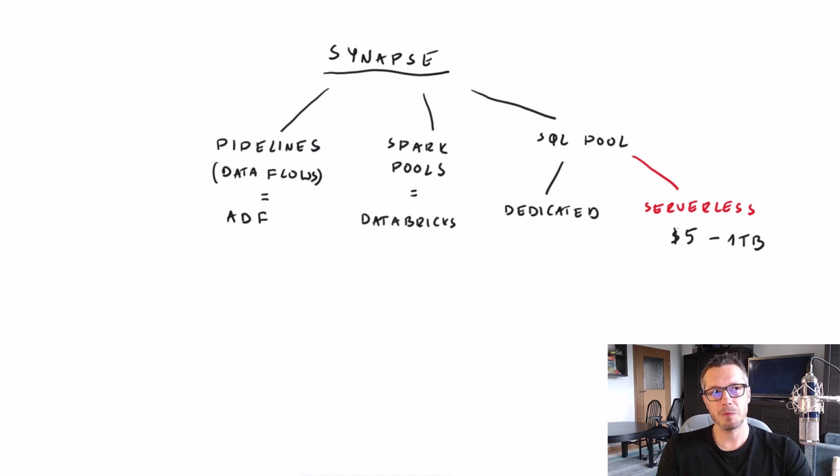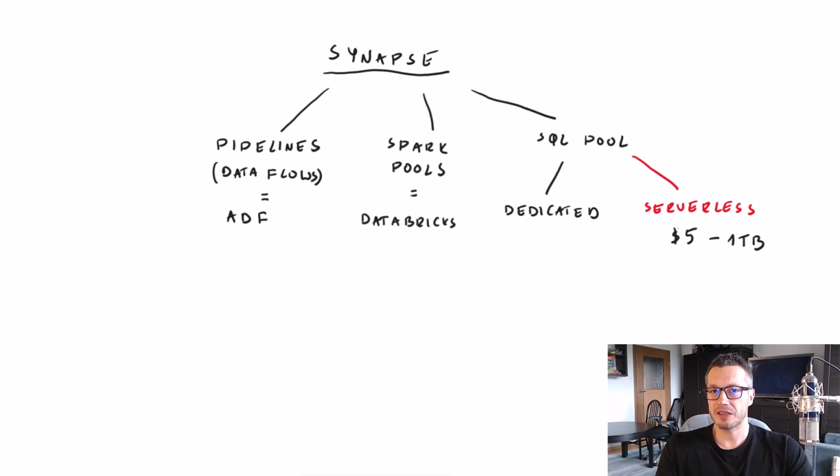But basically, I would position this service in the cheap area of services. At least it should be way cheaper than Dedicated. And obviously the architecture is completely different because in serverless, you forget about those distributions. They don't exist. Simply serverless is created for us. You don't care about the infrastructure.